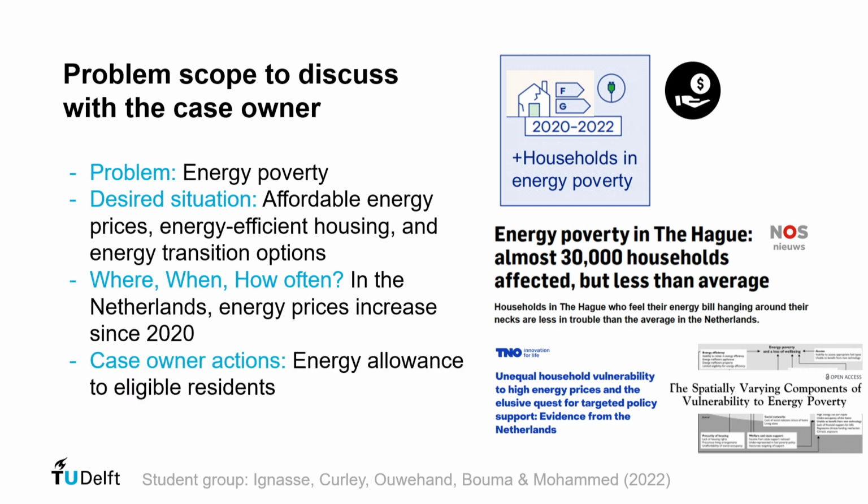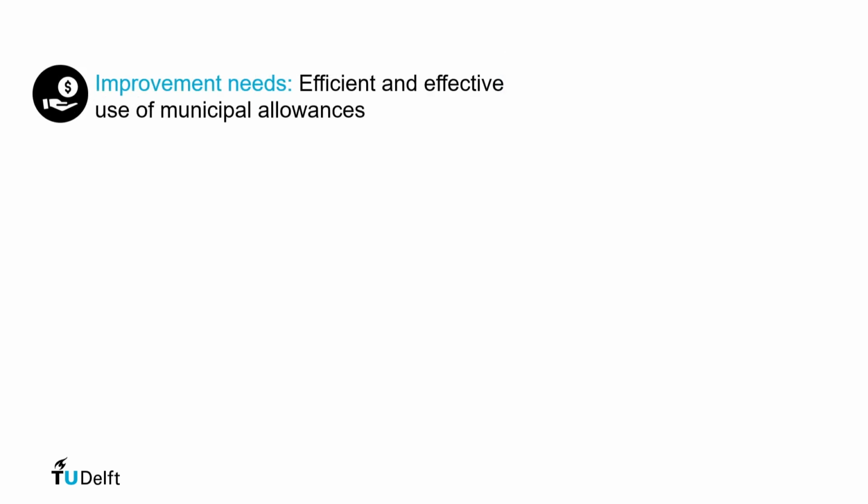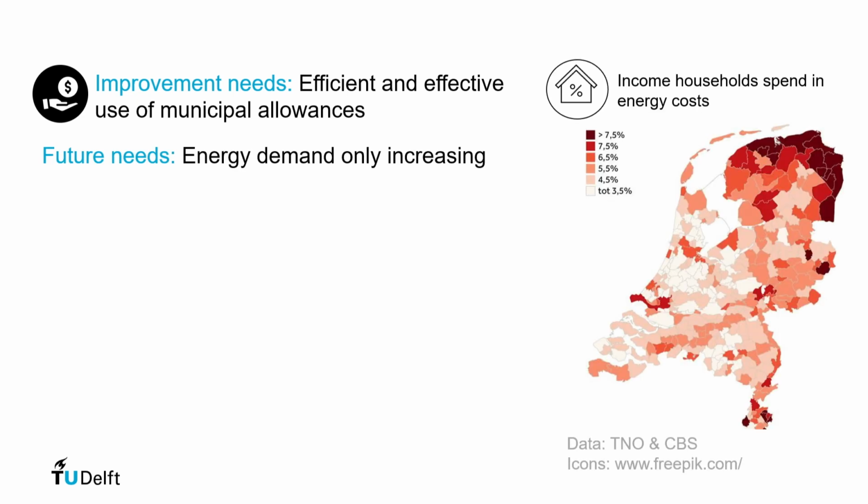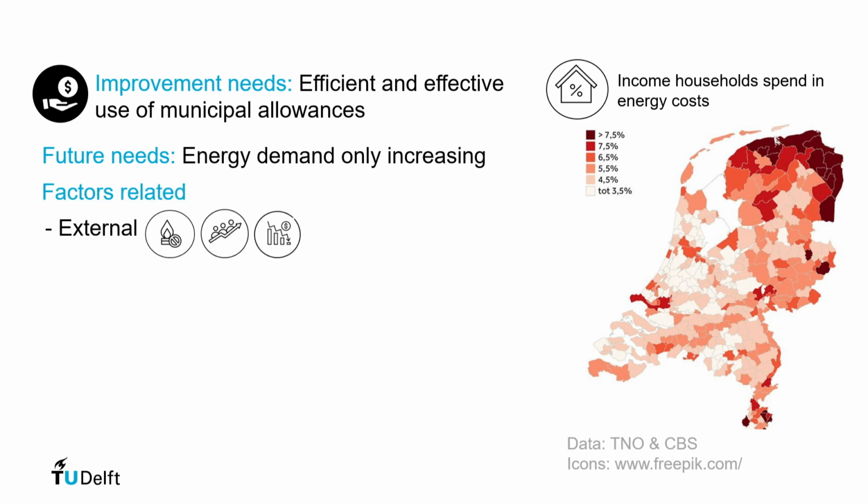Students also found that the departments working on resilience and energy transition projects in The Hague give energy allowance to eligible residents. However, there is a need to ensure the efficient and effective use of the municipal allowance, also by considering that energy needs will continue to grow. Municipal efforts should target residents whose income is not sufficient to pay their energy consumption.